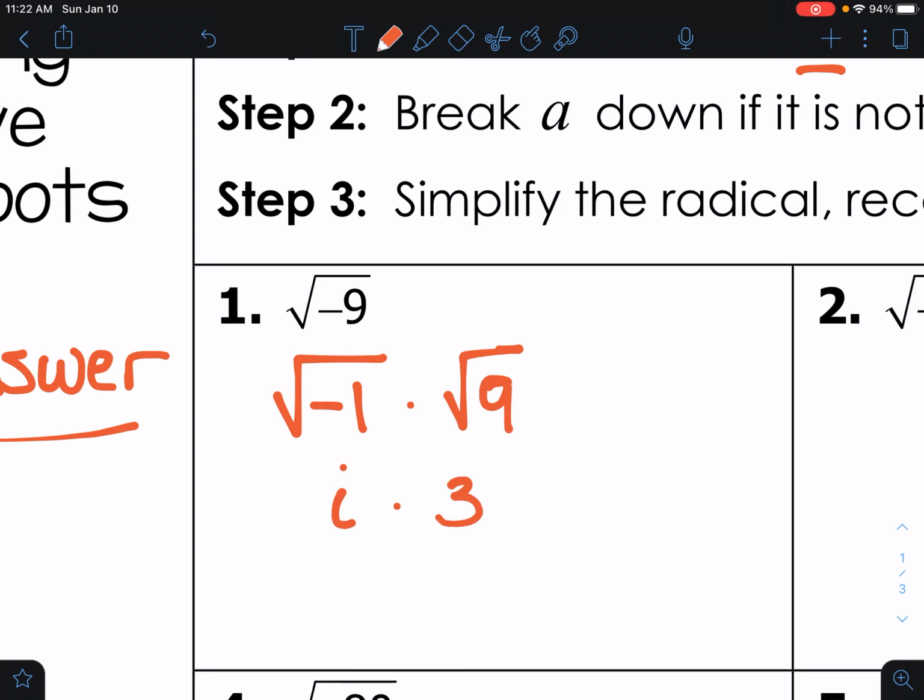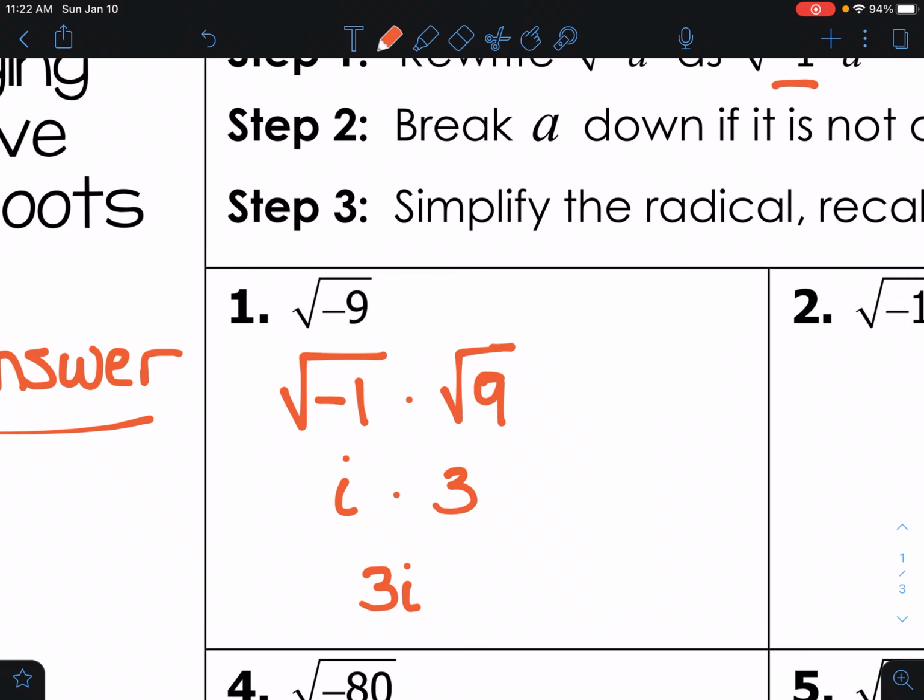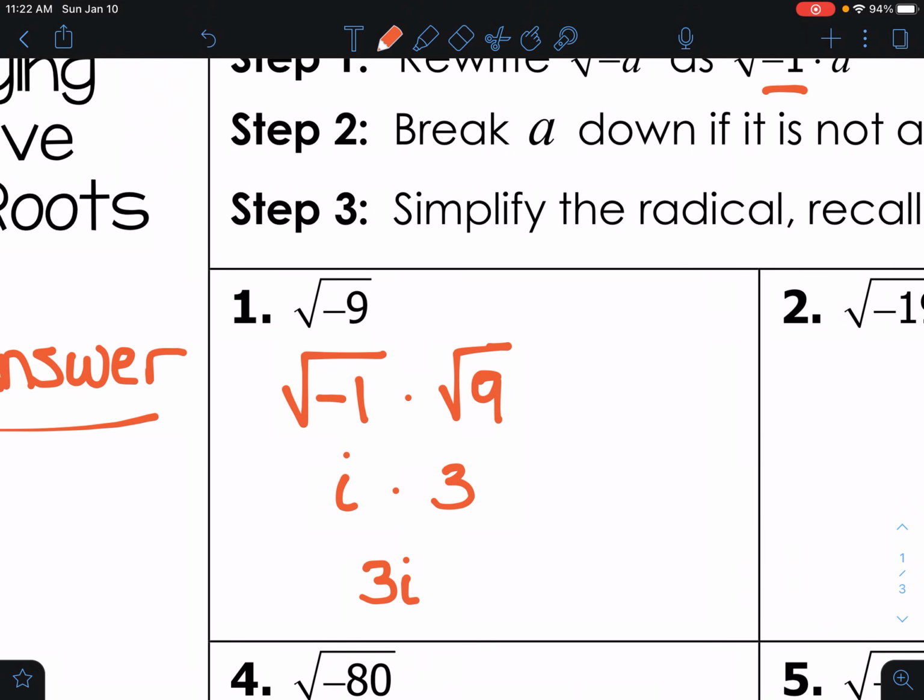And then when we write these, just like if we were writing 7x, we always write the constant in front of the variable. So this would be written as 3i. Now, when we do square roots, we would normally say plus or minus. If it's an equation, you want to use plus or minus. But if it's an expression like this one, you can just use the positive version.